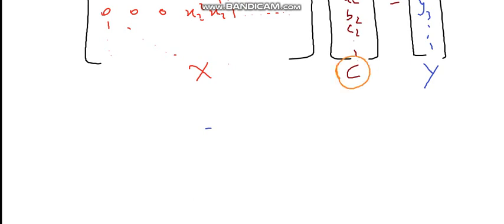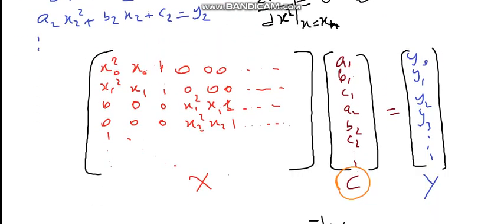In order to get that, we can write the coefficient matrix C as x inverse y. So if you take the matrix multiplication of the inverse of x and y, then we will get the coefficient matrix, and correspondingly we get a1, b1, c1, all these values.